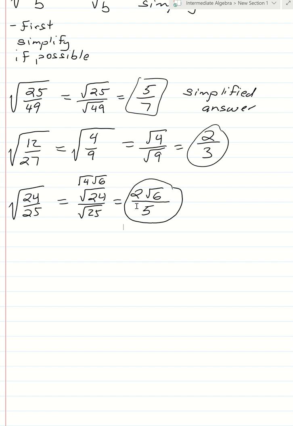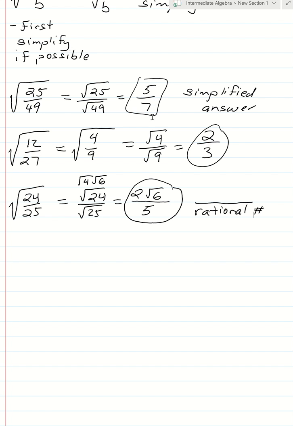And that would be your simplified answer. Always look at even the numbers, the 2 and the 5. They are both outside the radicals. Always ask yourself, can they in fact be simplified? And no, they cannot. So what's left in the denominator is what we would call a rational number. The 5 is a rational number. The 3 that we had here is a rational number.